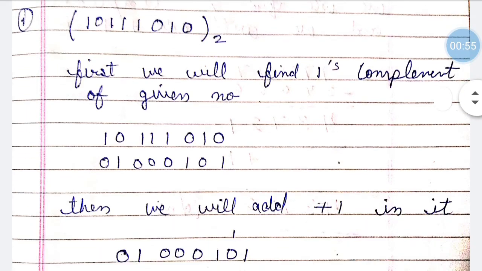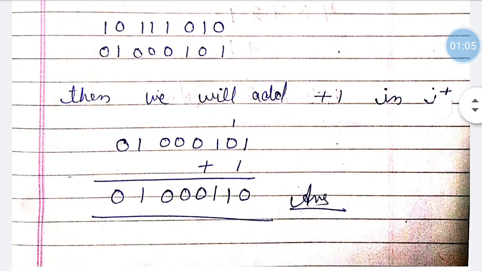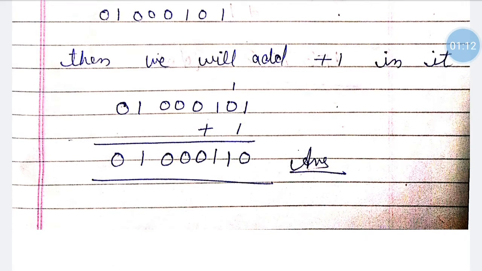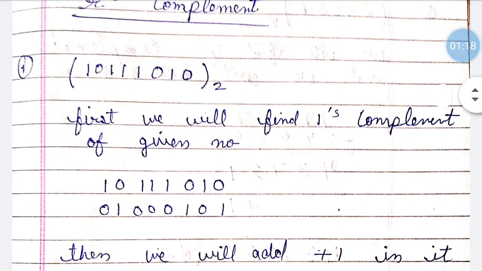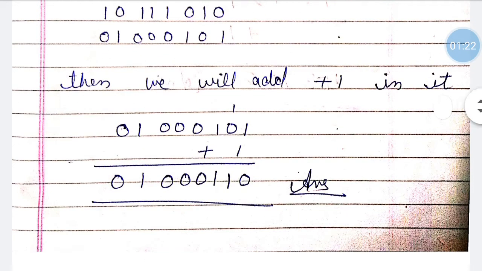So 0 1 0 0 0 1 0 1 is the 1's complement of 1 0 1 1 1 0 1 0, and then to 0 1 0 0 0 1 0 1 we will add 1. So our answer will be 0 1 0 0 0 1 1 0. So the 2's complement of the binary number will be 1 0 0 0 0 1 0 1 1 0.